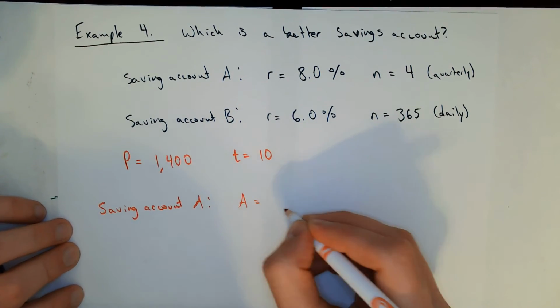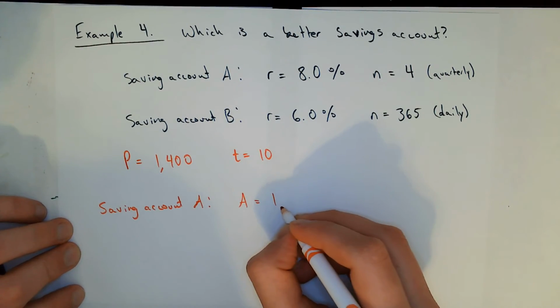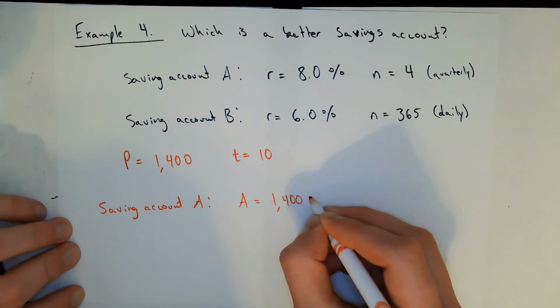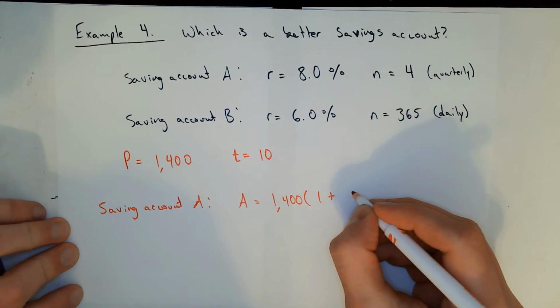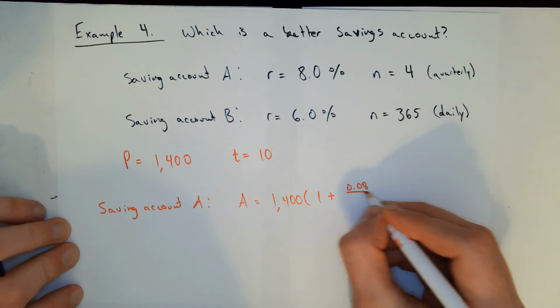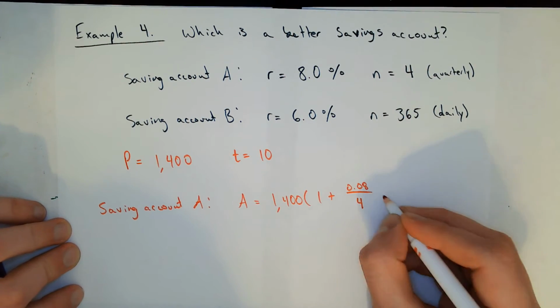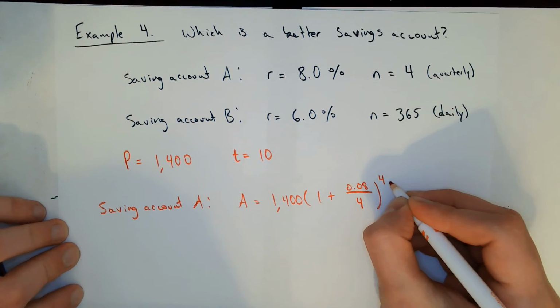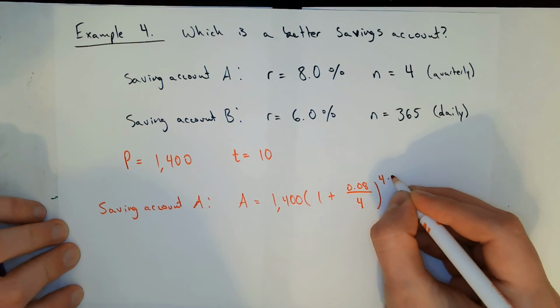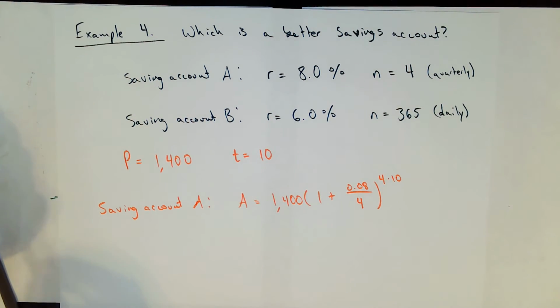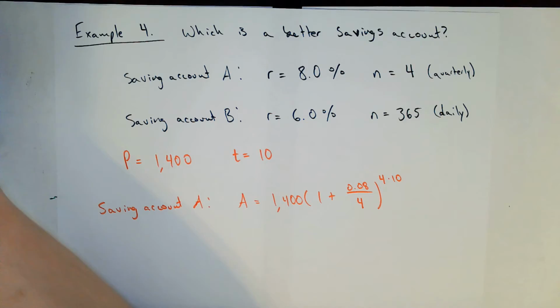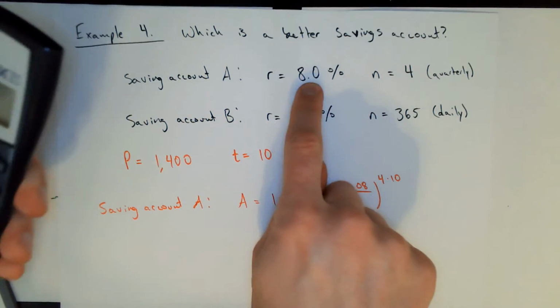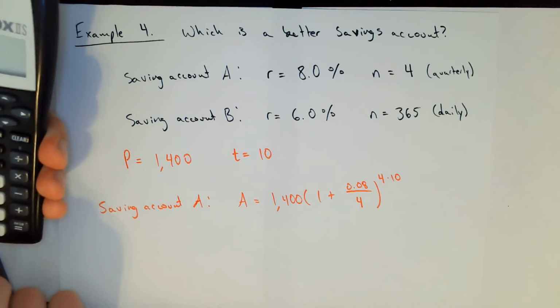So A is equal to P, which is 1,400, times 1 plus R, 0.08, over N, which is 4, raised to the 4N times 10 for time. So remember, you got to convert R to a decimal. Can't forget to do that.